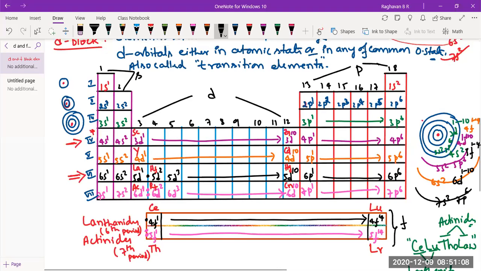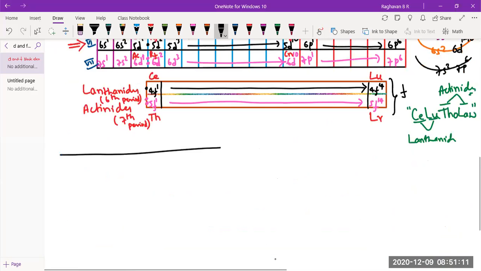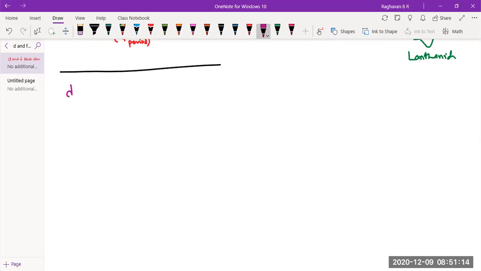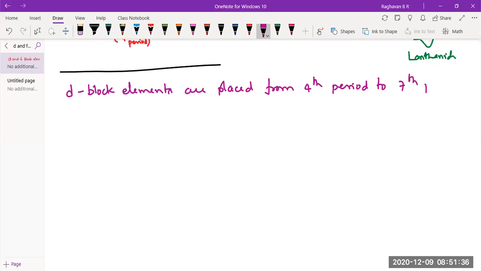Let me finish this for the 4 series. D block elements are placed from the fourth period to the seventh period. There are 4 series of D block elements.